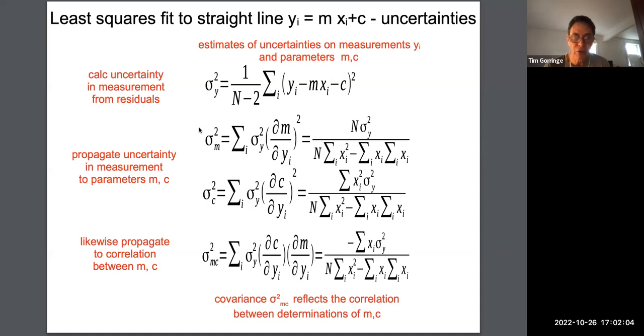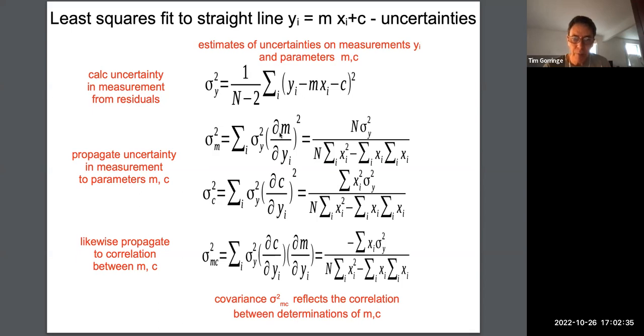So these two in the center here tell us how poorly we've determined the slope and the offset. The way we've calculated them is basically using the rules for propagation of uncertainties. We've got an uncertainty, sigma y, in the data points. So that's the sigma y squared here.